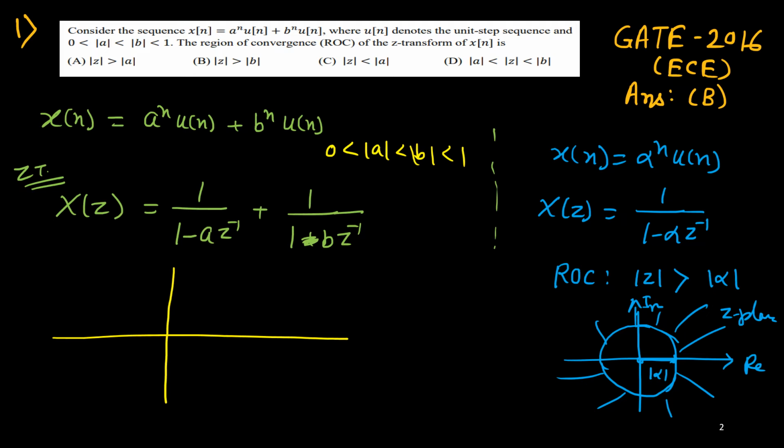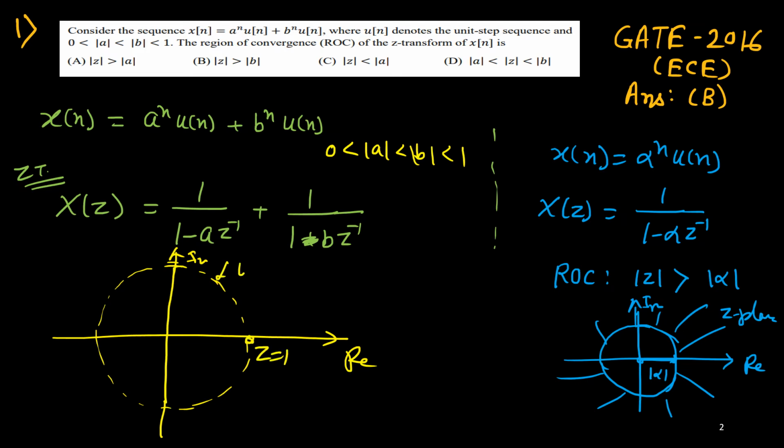Okay, so first I will draw a unit circle. This is the real axis, this is the imaginary axis, and this is your z equal to 1, right? Unit circle.